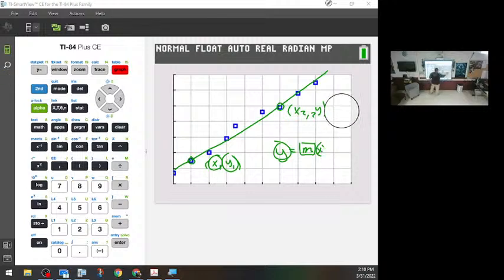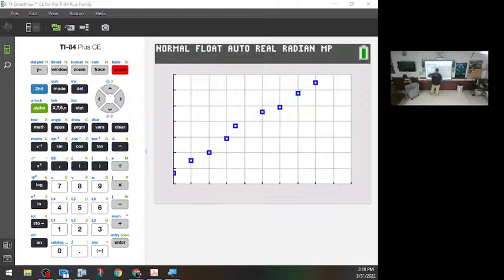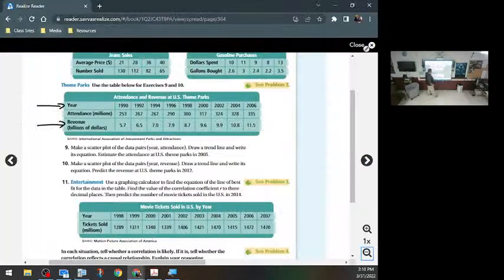What made this particular problem a little more iffy was at the end they said, predict the revenue in 2012. How many years after 1990 is 2012? Well, 22, right?